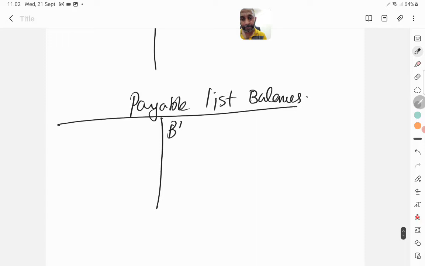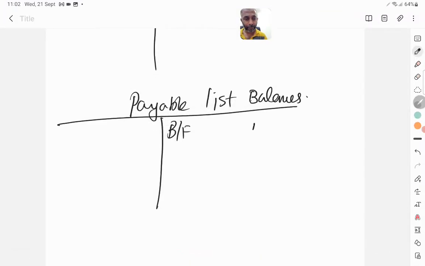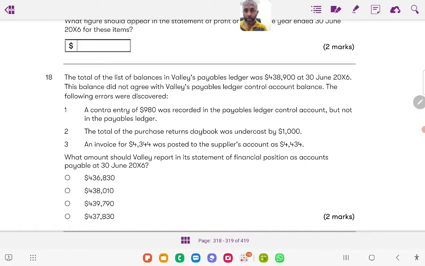That's 438,900, and this balance did not agree with the company's payable ledger control account balance. The following errors were discovered.